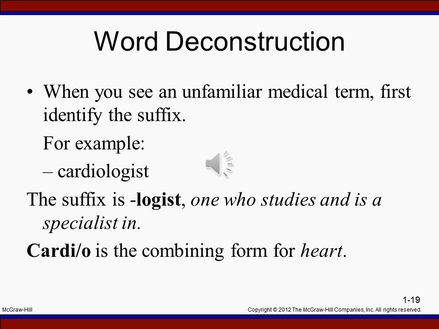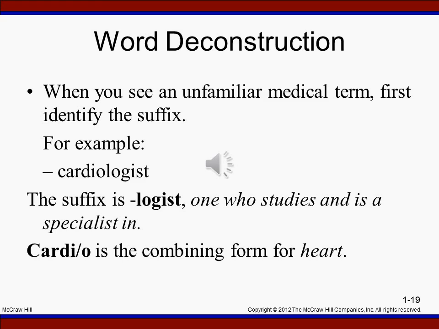This is the beautiful part of identifying medical terms and understanding medical language: when you see an unfamiliar medical term, the first thing you want to do is identify the suffix. For this example, we have cardiologist. The suffix is logist. This means one who studies and is a specialist in. That is the suffix.